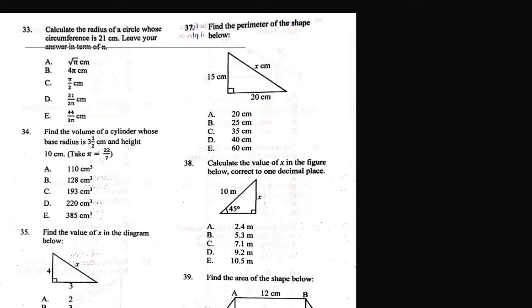Alright, this question 38 says, calculate the value of x in the figure below, correct to 1 decimal place. Okay, the triangle looks like this, a right angle. The angle is 45 degrees. This is x, and this is 10 meters.